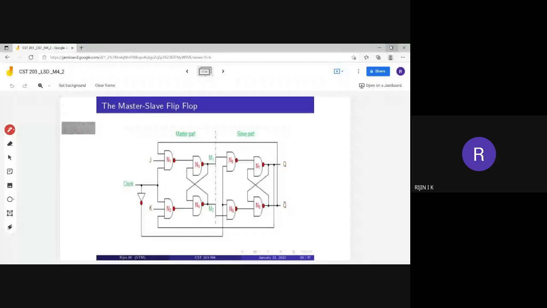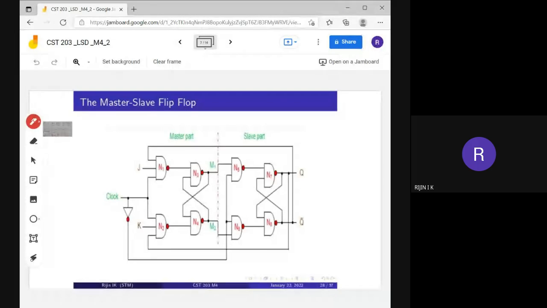Then tell me, what is race around condition? Okay, toggling, that is race around condition, correct. But when will the situation occur?